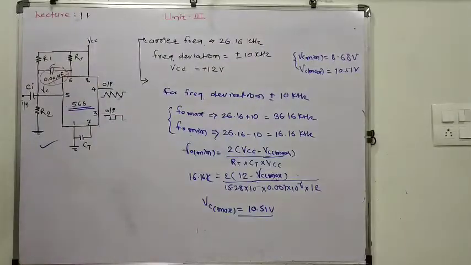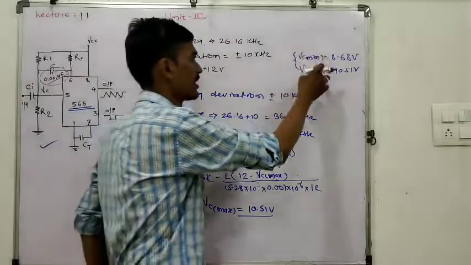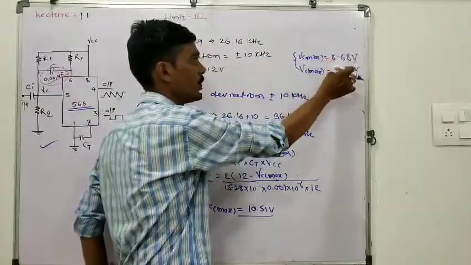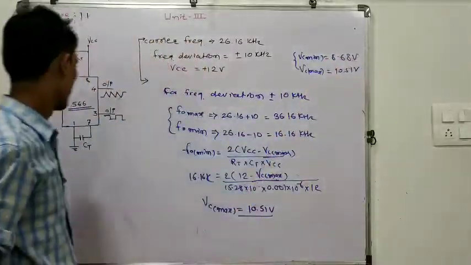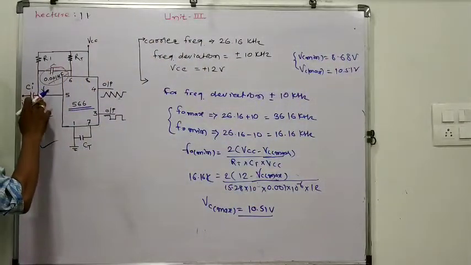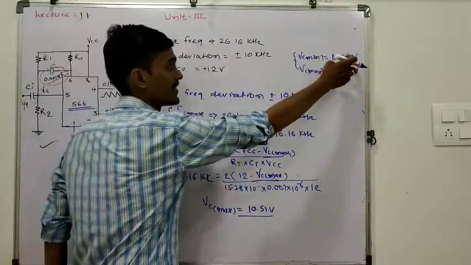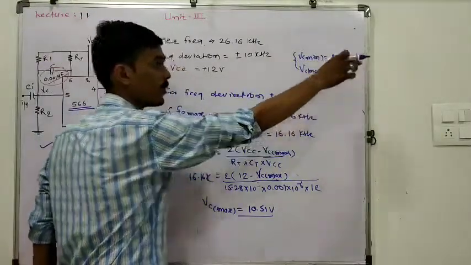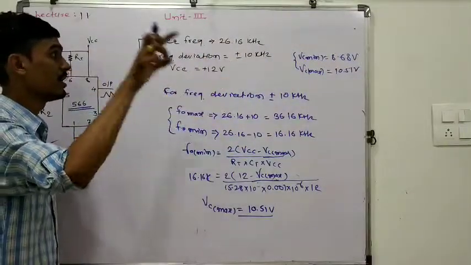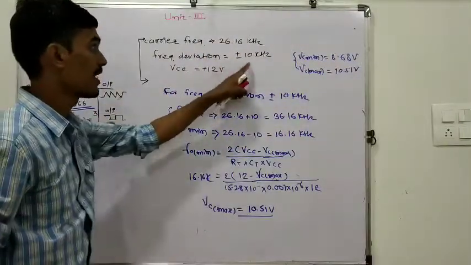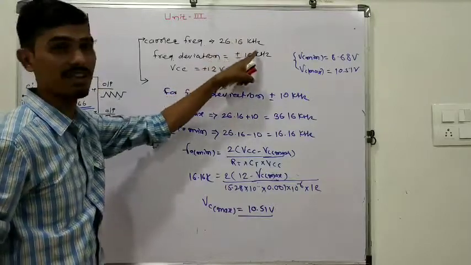So the range of Vc min to Vc max is 8.68 to 10.51 volt. Whenever the voltage at the Vc point is varied between 8.68 to 10.51 volt, we get a frequency deviation of plus minus 10 kilohertz over this carrier frequency.